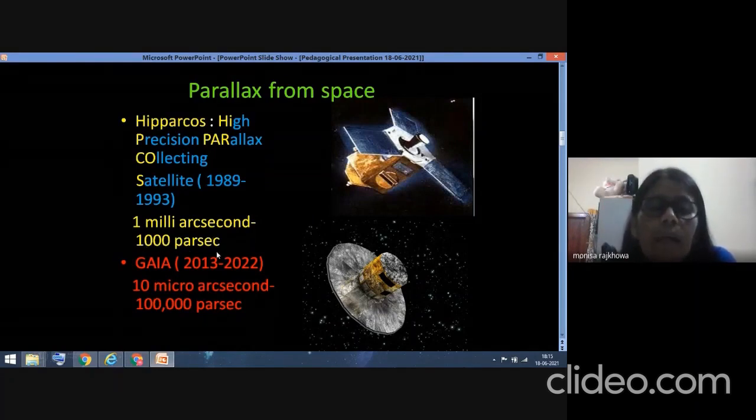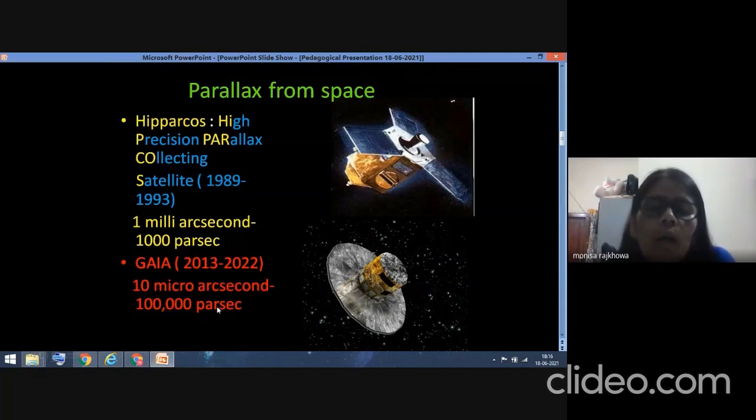And Gaia, which was launched in 2013 and is still working, gives us accurate parallax angles of distant stellar objects to the order of 10 microarcseconds, and that allows us to see astrophysical objects as far away as 100,000 parsecs.